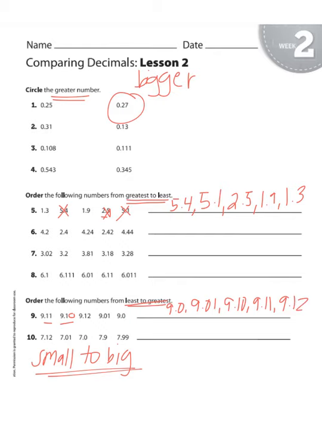So I hope you see that we went from smallest to biggest. And then when you're doing number 10, this 9 right here, pretend like there's also a 0 on the end there, and it might help you. Actually, let me go back and look. These ones that don't have a number after them, there's an imaginary 0 there, but sometimes when you're working with decimals, it's helpful if you draw in those zeros.